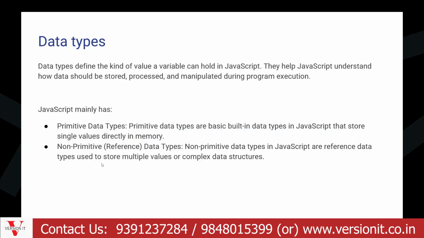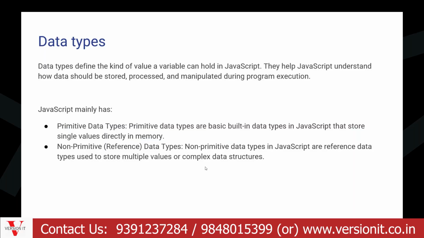Next comes non-primitive data types. So what is a non-primitive data type? Non-primitive data types are nothing but reference data types. When I say reference, I mean you have an object and you want to store the same object into a different object, then you can use non-primitive data types.